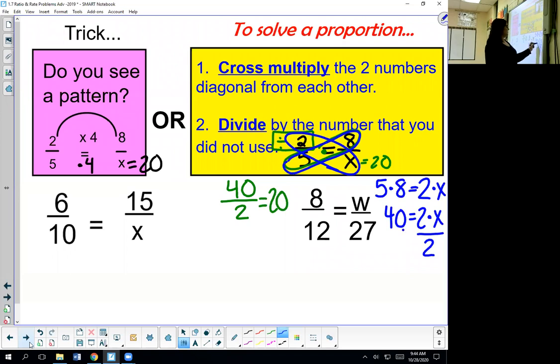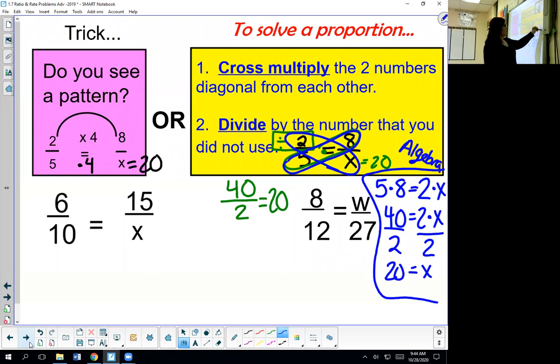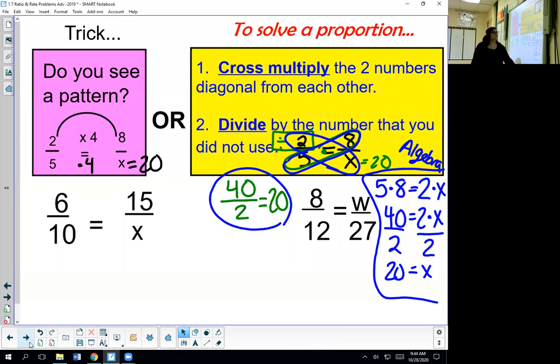And then you divide by 2, divide by 2, so x is 20. This is where you'll get to. This is the algebra way. So if you understand that, you can technically do it that way. This is just showing it with the variable, which is your letter. Okay, so this is just a little bit further into where you will get to solving equations.